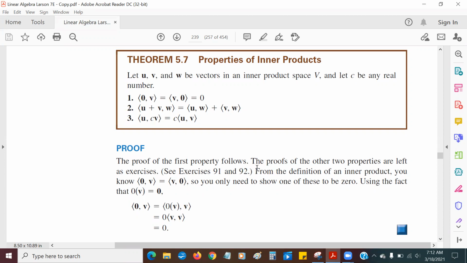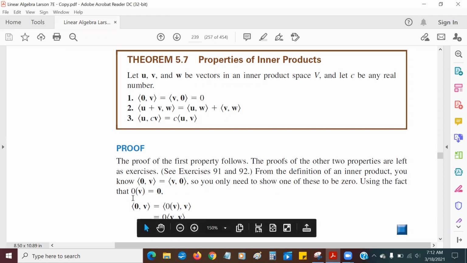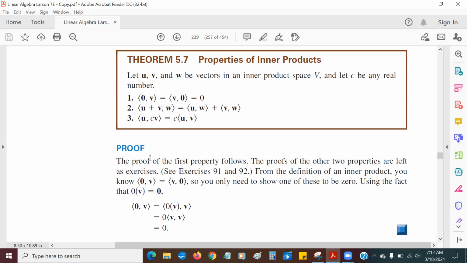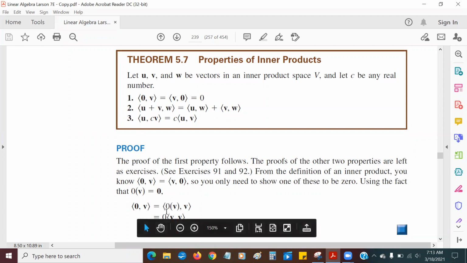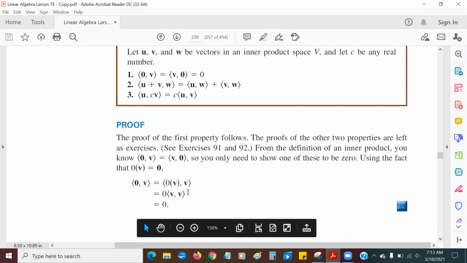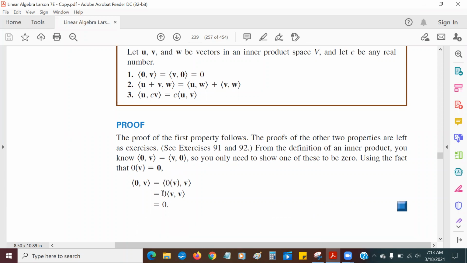We also want to use the fact that 0 times any vector is equal to the 0 vector. Let's look at 0 comma v. I could replace the 0 vector, which is in the theorem, with the scalar 0 times the vector v. And we know from definition number 3 that I could take the scalar out and put it over here.